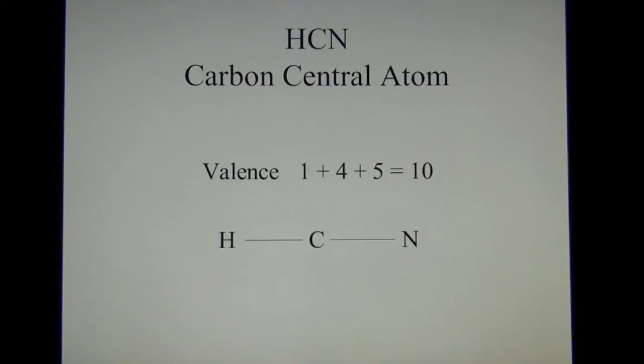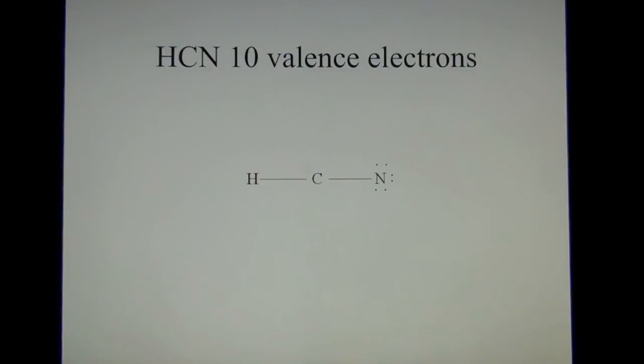The next thing we need to do is make sure that the surrounding atoms have an octet. We're not going to have to worry about hydrogen on the left because it's already stable with 2. So we're going to need to add some lone pairs around the nitrogen on the right. We get to add in 3 lone pairs, and nitrogen now has the octet that it needs.